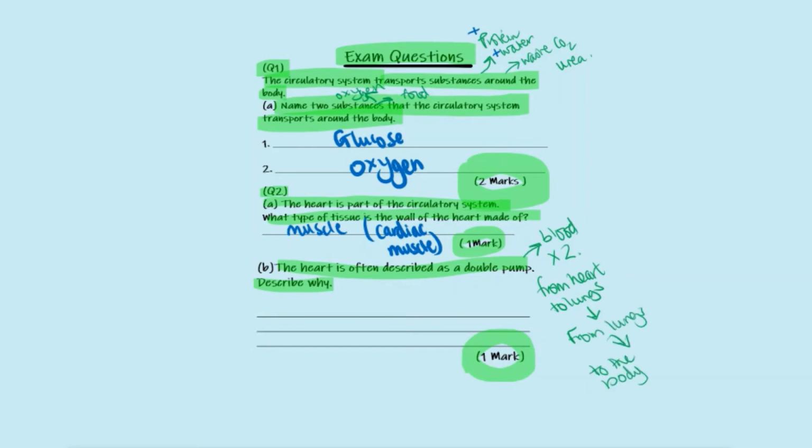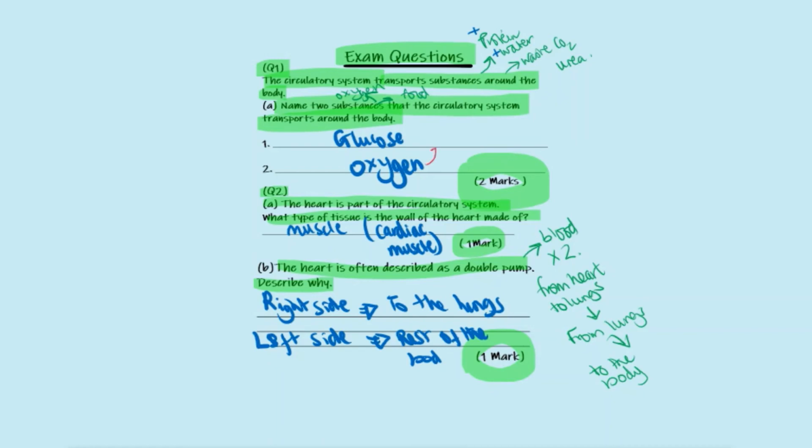For our answer, we can say from the right side or the right ventricle, the blood goes to the lungs, and from the left side or the left ventricle, the blood goes to the rest of the body.